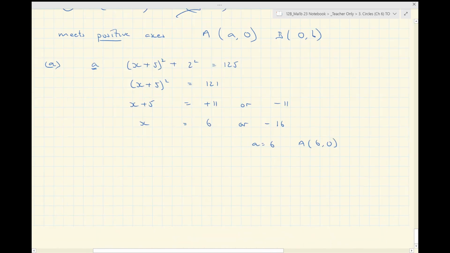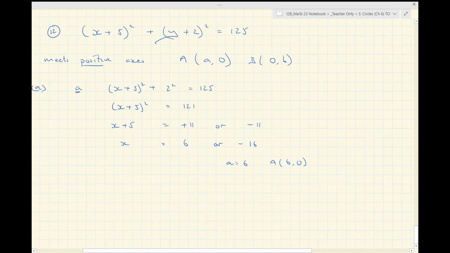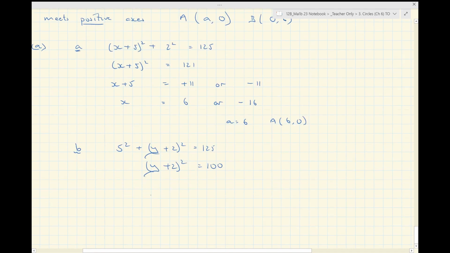Okay, now let's find little b in a similar way. Little b tells me that's when x is 0. So I'm going to have 5 squared plus y plus 2 squared equals 125. So this time y plus 2 squared is going to be 100. So y plus 2 is going to be plus 10 or minus 10.